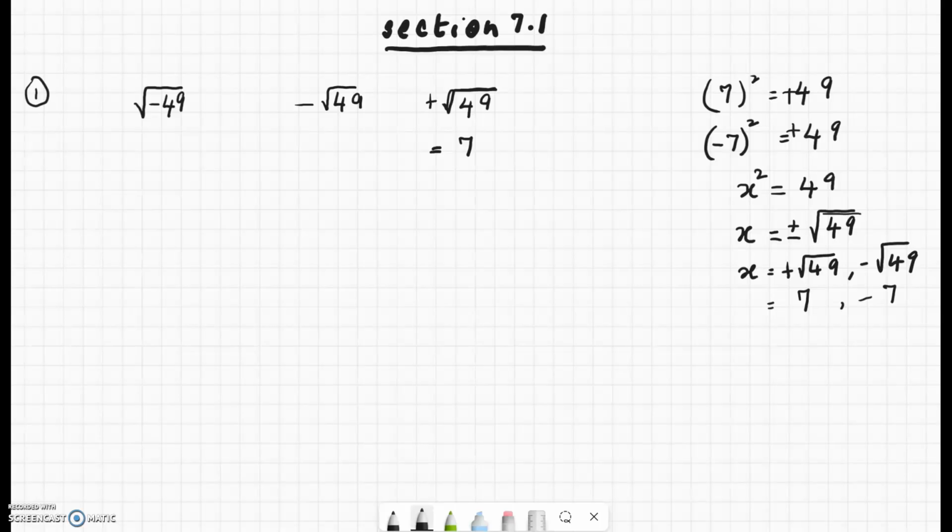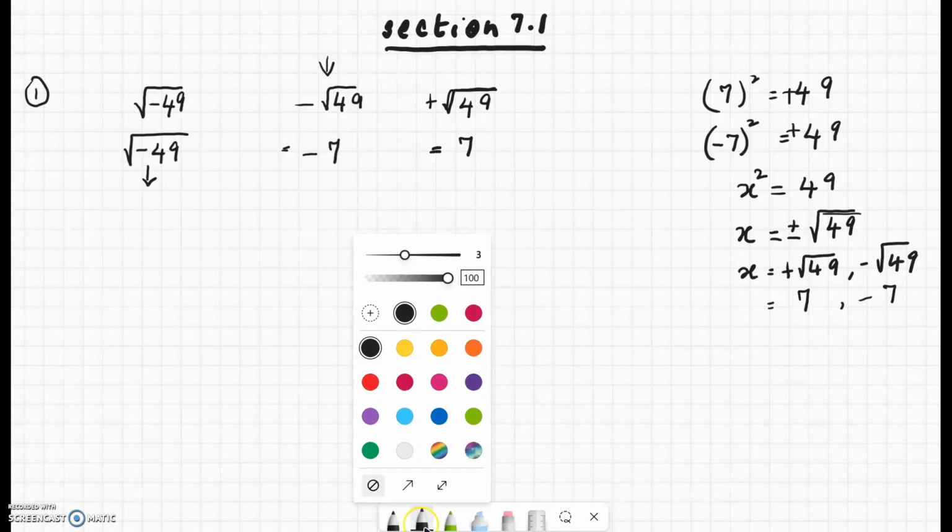Now let's look at negative radical 49. So it's the negative of radical 49, which is equal to -7. But this is important. If the negative is inside the radical sign, the positive square root of -49, remember that this is undefined.